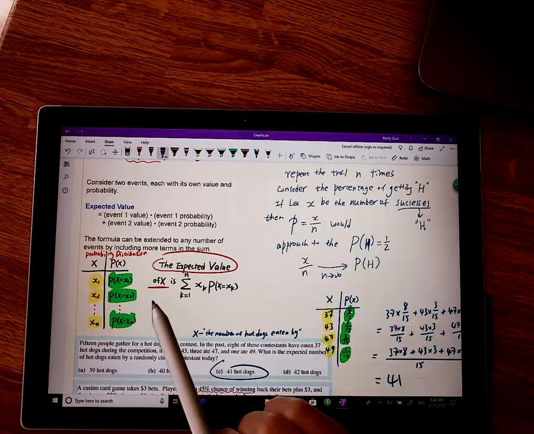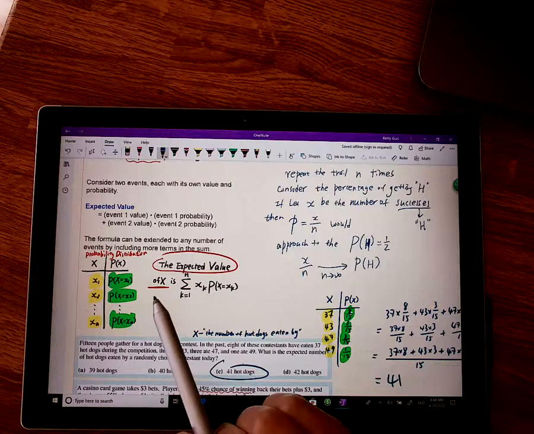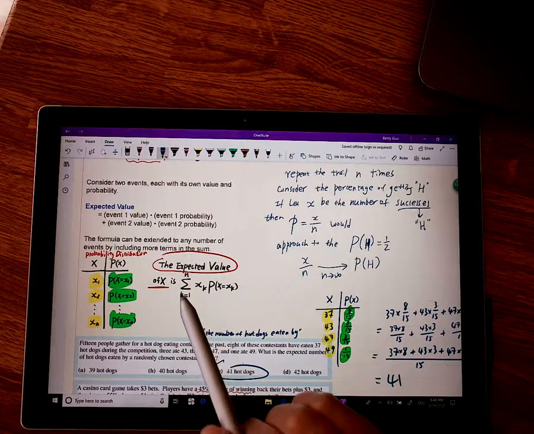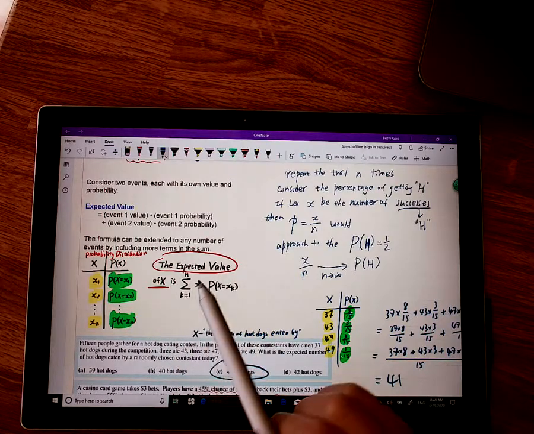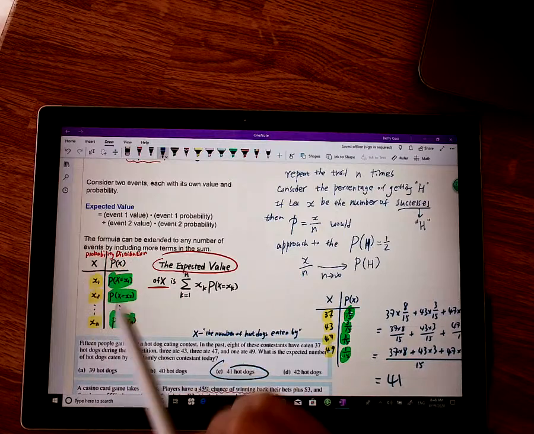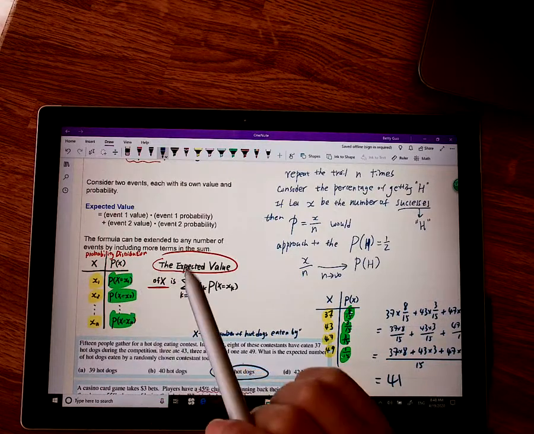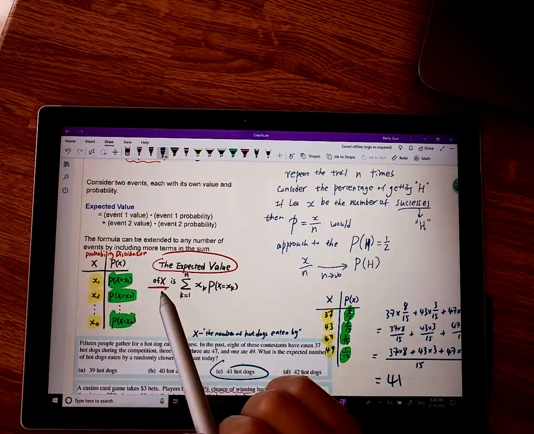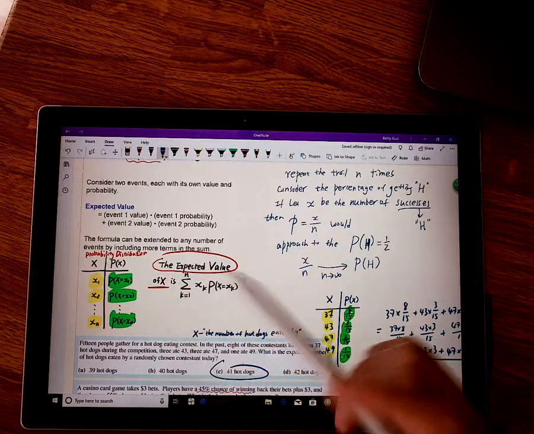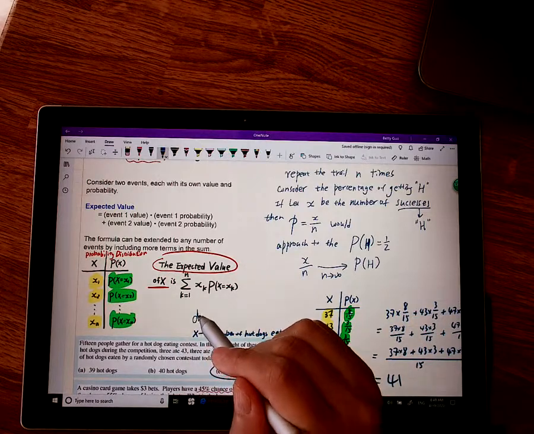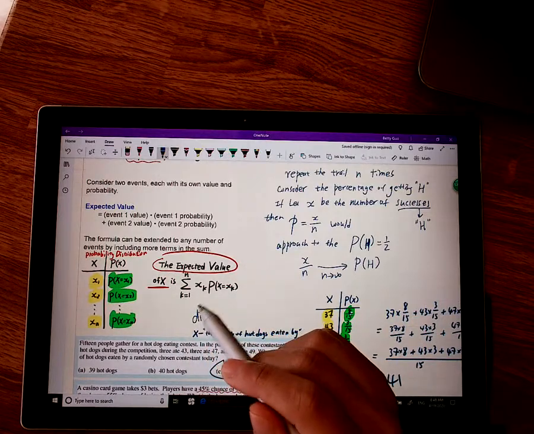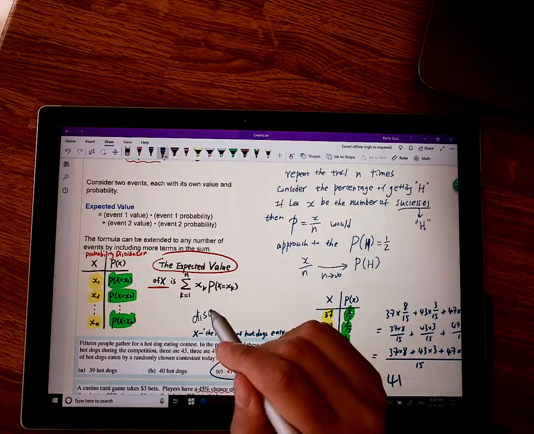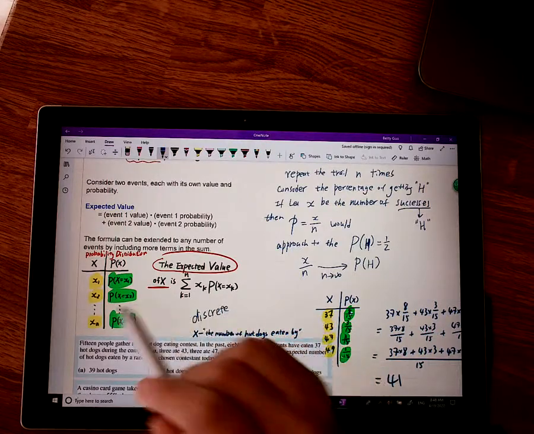It actually represents the center of all the values that could be represented by x. The expected value can be found by following this formula. We need to construct the probability distribution for the random variable first. The random variable here is actually discrete. To be more accurate for you, discrete, D-I-S-C-R-E-T-E.